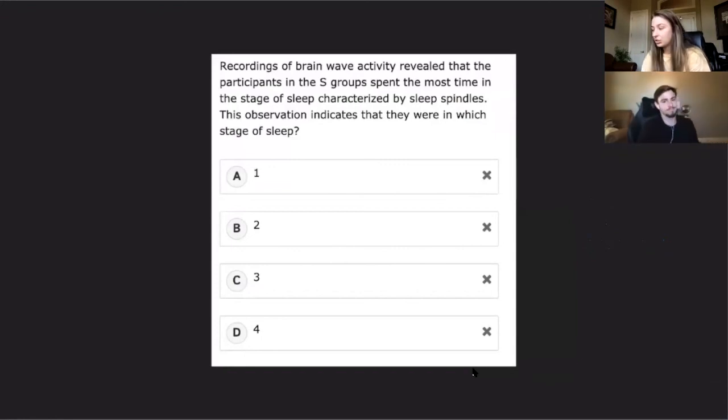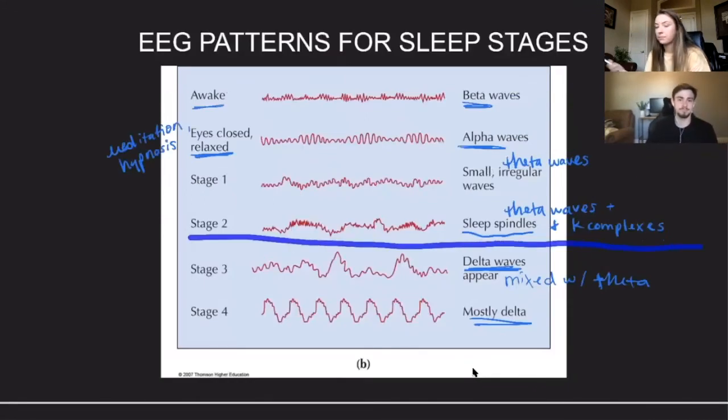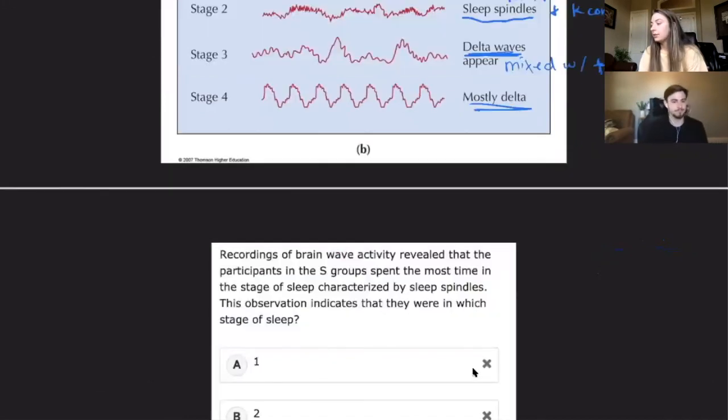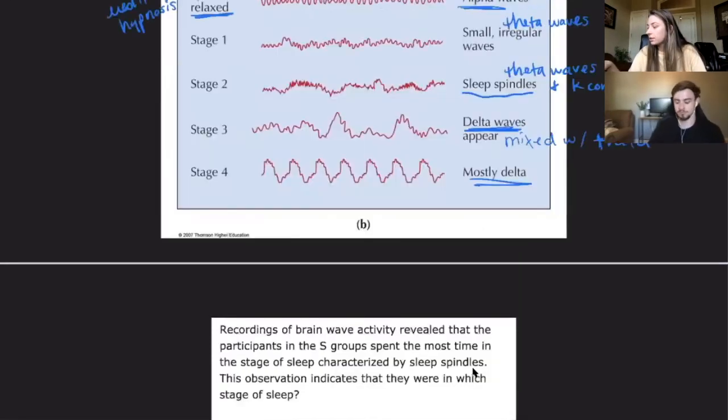And that's stage 2, if you'll remember. Like I said, they're going to ask you in a very straightforward way. These are not going to be hard questions, but I put them on here so I want y'all to get those easy points.